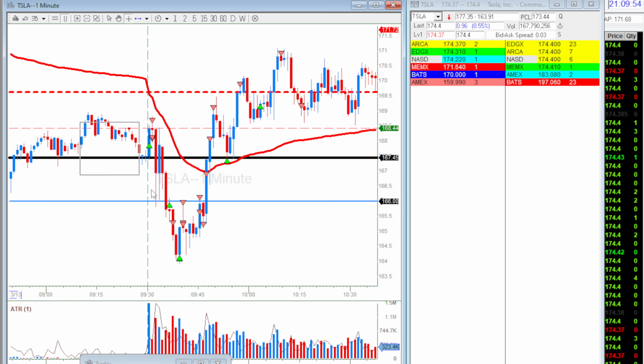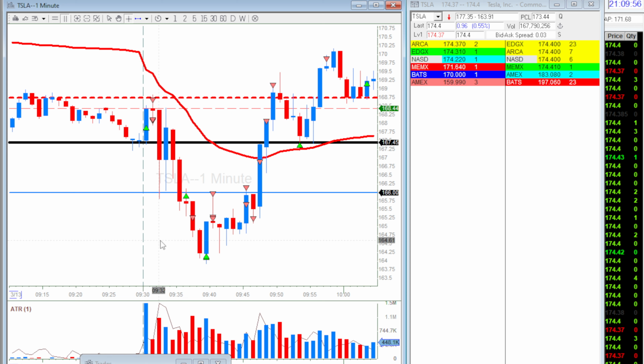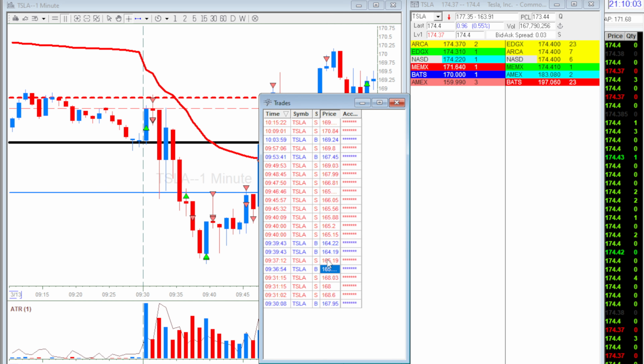So the second entry was a stop. As you can see, I immediately stopped when it broke the low of day, because I was really looking for a bounce. This one here, 165. So only probably a 20 cent loss out of probably $1 risk.